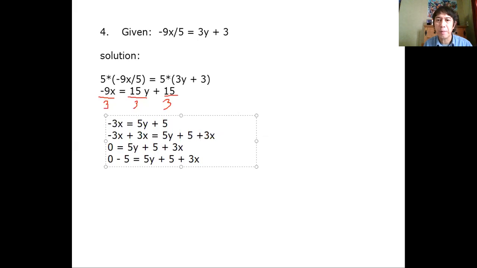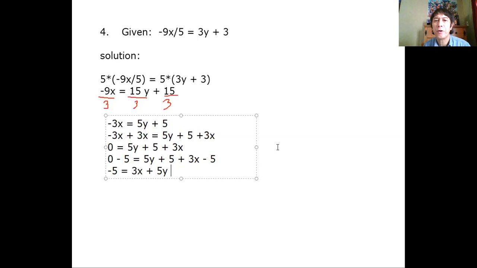We will also do the minus 5 here. There. And so the next line will just be 0 minus 5 is just negative 5. Right side is now just 5y plus 3x. Or we can rewrite that so that x comes first. 3x plus 5y. There. The number 5s are not there anymore because it cancels out to 0. 5 minus 5. This one and this one.